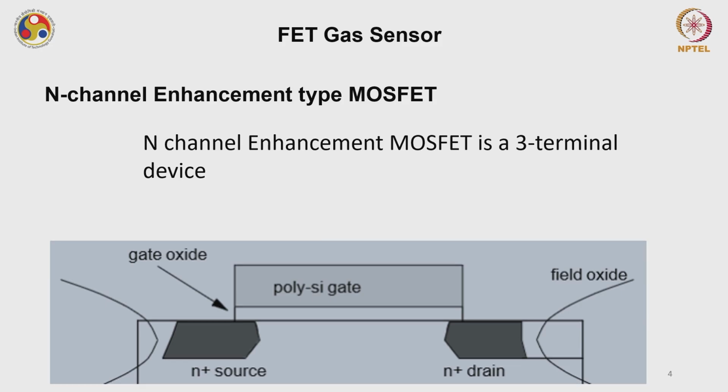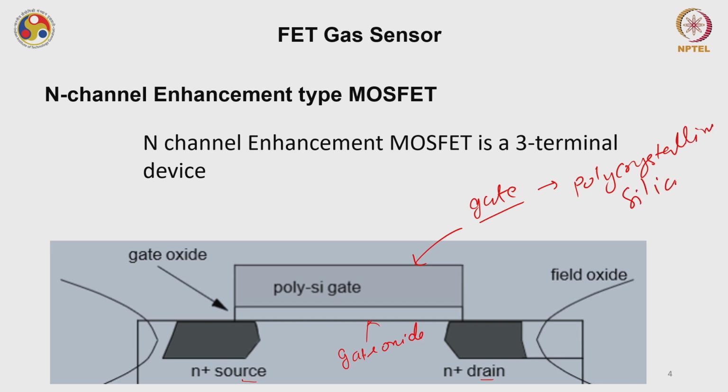If you see the operation of an n-channel enhancement type FET, the construction of this FET is something like this. You have a source, a drain, a gate oxide, then you have a gate. This gate is usually made up of polycrystalline silicon or sometimes metals like gold, platinum, palladium.